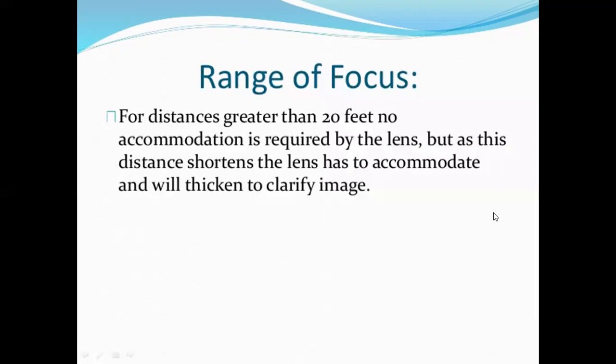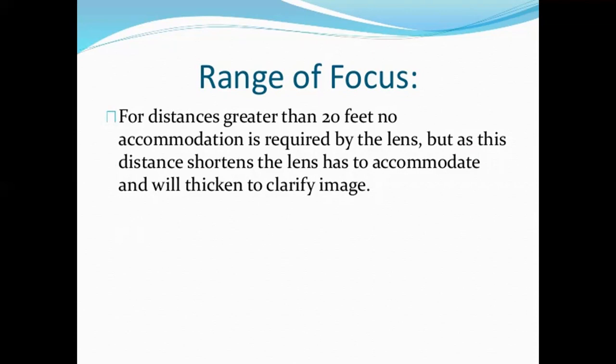Then range of focus. For distance greater than 20 feet, no accommodation is required by the lens. But at shorter distances, the lens has to accommodate and will thicken to clarify the image. Means how much distance? For distance greater than 20 feet, no accommodation is required by the lens. मतलब अगर distance 20 feet से ज़्यादा होता है, so in that condition no accommodation is required by the lens.